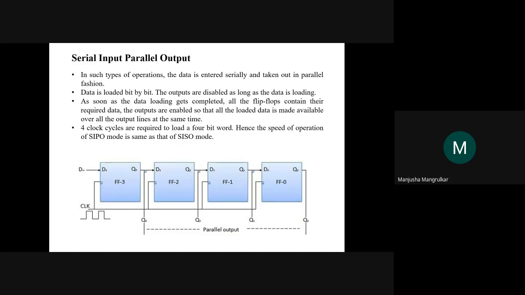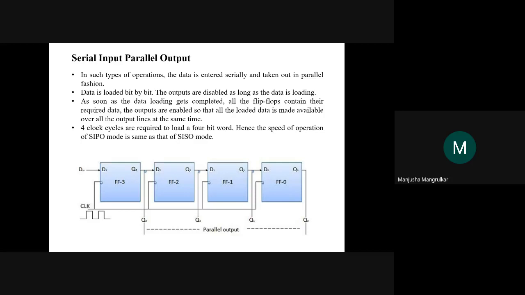So here the clock pulse will not change, right? The clock will change only while loading the data. With each clock pulse it will load one data. But when the data is completely loaded into all the flip-flops, at one clock pulse all the data will come to the output. So that's the basic difference between parallel and serial.